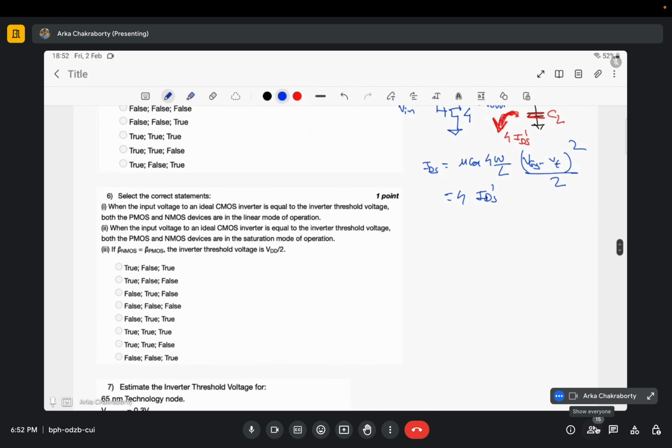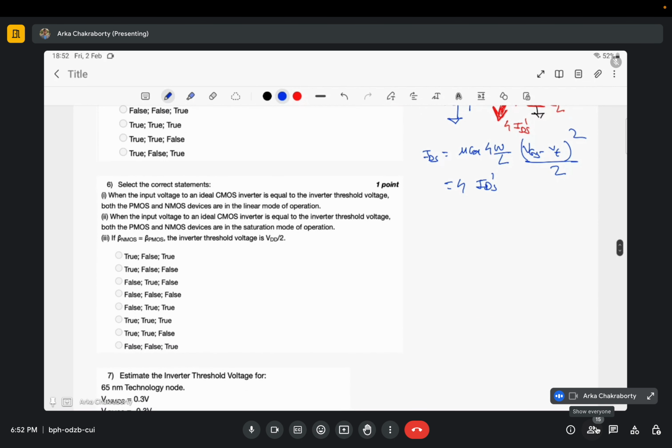Let me move to the next question. Question number 6. Select the correct statements. When the input voltage to an ideal CMOS inverter is equal to the inverter threshold voltage. By inverter threshold voltage, he means the trip point, the VM that I talked about. Let me draw the circuit once again.